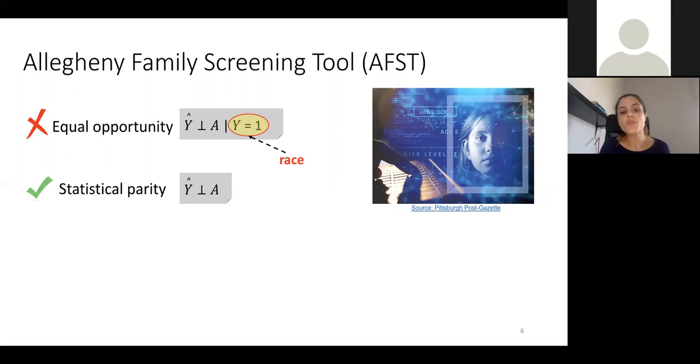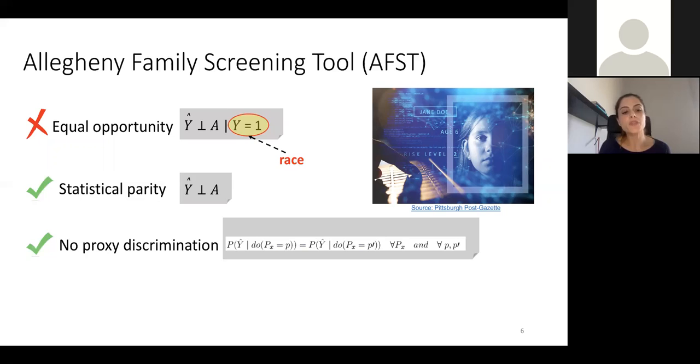One example of a fairness notion that is suitable to use is statistical parity. As you know, the prediction under this type of fairness notion is independent of the true outcome or any other feature in the data set, except of course the sensitive attributes, okay?